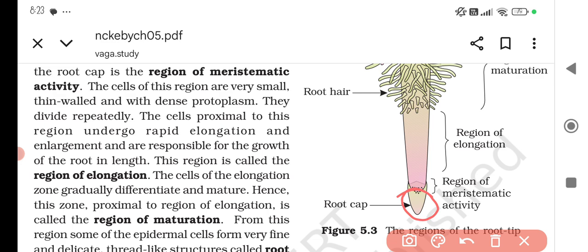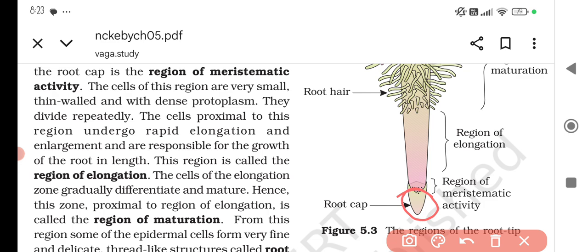And when this tender tip of the root penetrates through the soil, many hard particles, many hard rocks are present in the soil. So they may hit the root while it is penetrating, and they may damage the tip or the apex of the root, because the meristematic cells present there are tender and very soft, and they will get damaged, and if they get damaged, the growth of the root will stop, right?